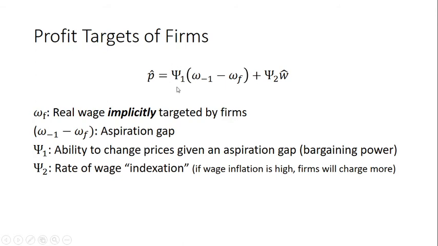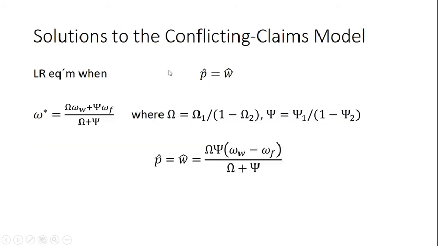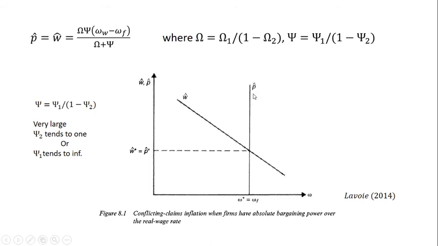Alternatively, we could represent absolute bargaining power of firms by a coefficient here, which is infinitely large. In either case, it gives rise to this vertical price-setting curve from the firms and an otherwise usual downward wage-setting curve from the labor side.